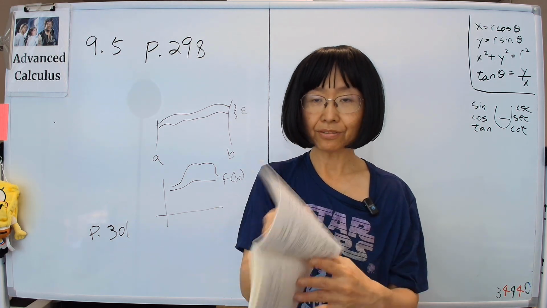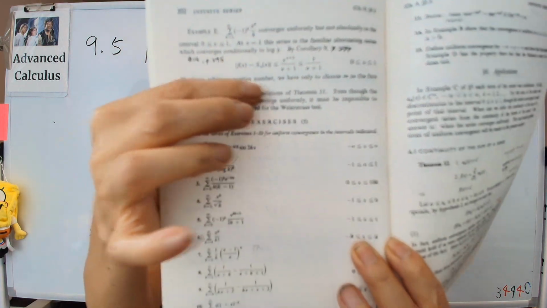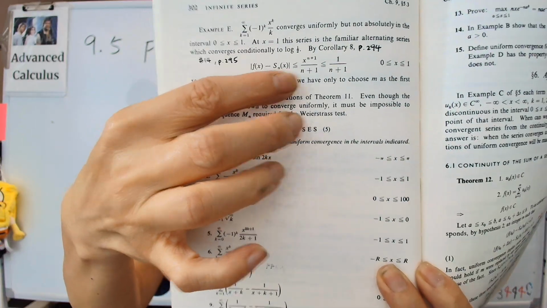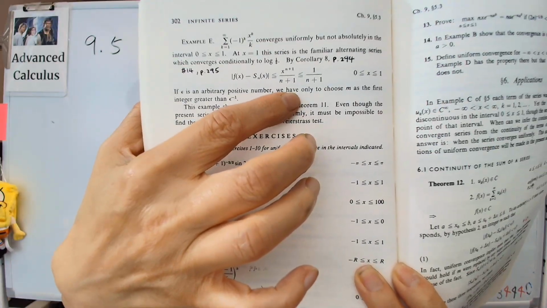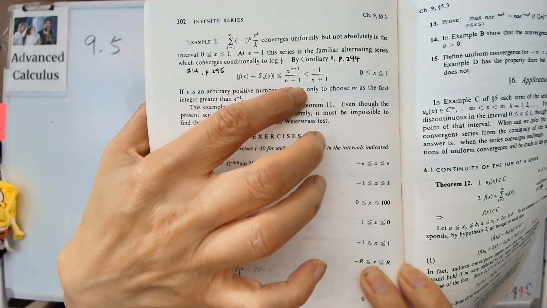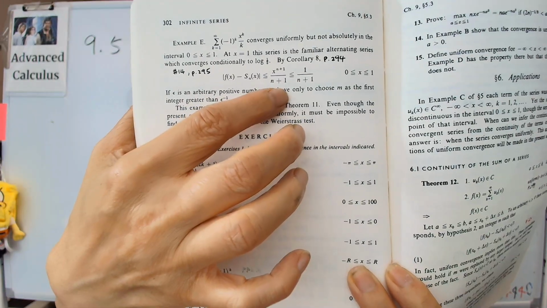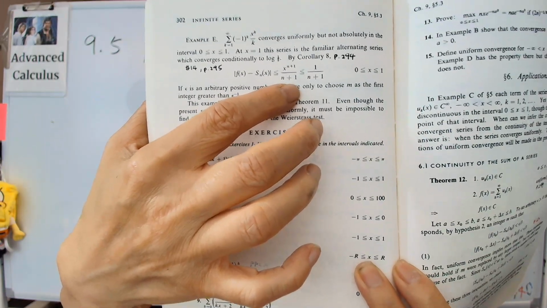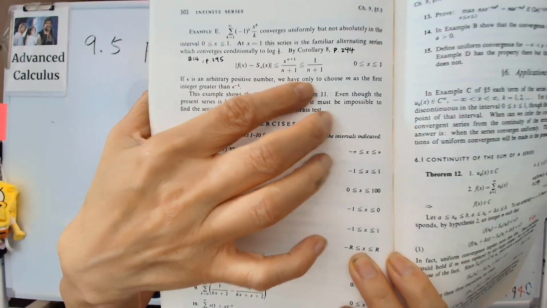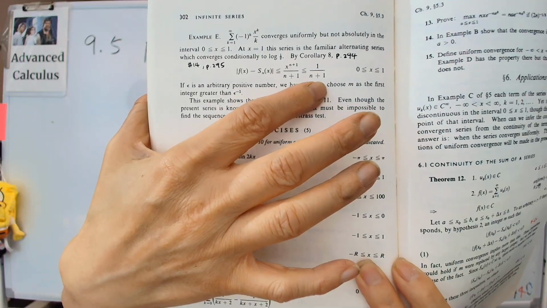And so the difference between f of x and its partial sum is bounded by the very next term, which is x to the power n plus 1 divided by n plus 1, which, if x is restricted between 0 and 1, is less than 1 over n plus 1.